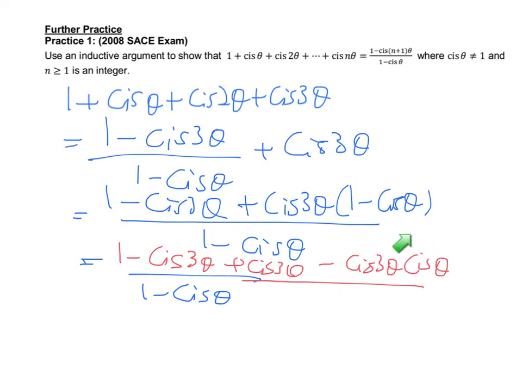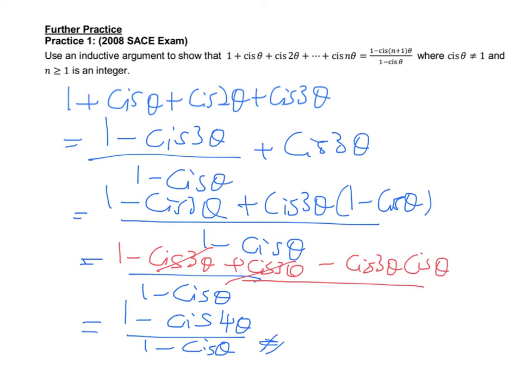This is really the sec 4 theta, and the others we could cancel out, and so finally you end up seeing sec 4 theta over 1 minus sec theta, which is exactly what you want to prove, as you can see here. And so now it's time to write down the conclusion.